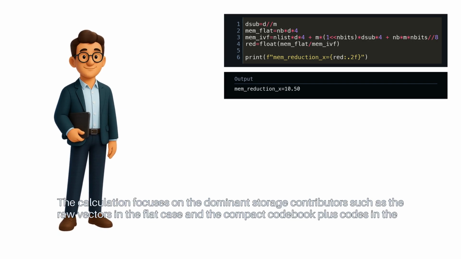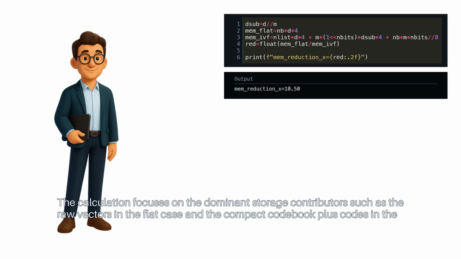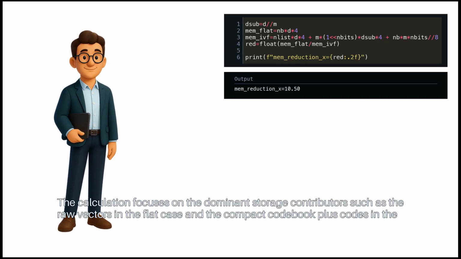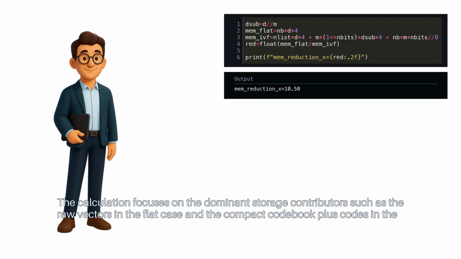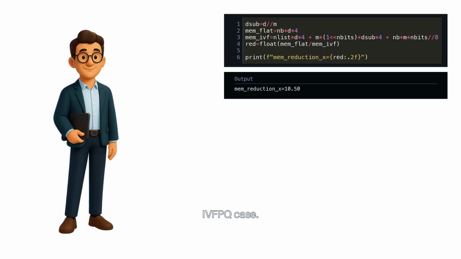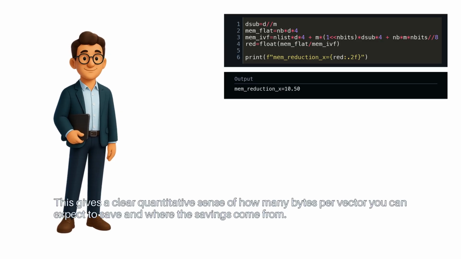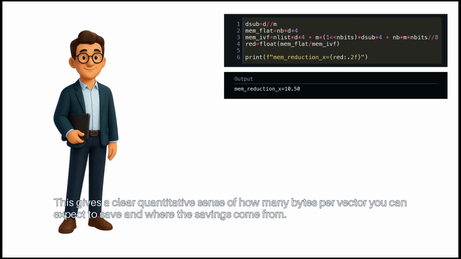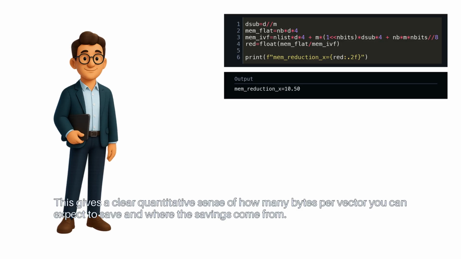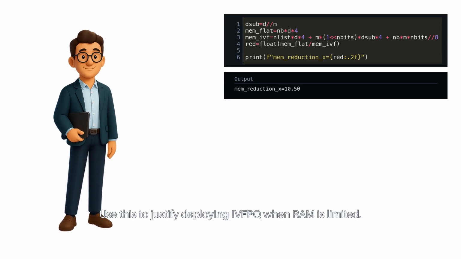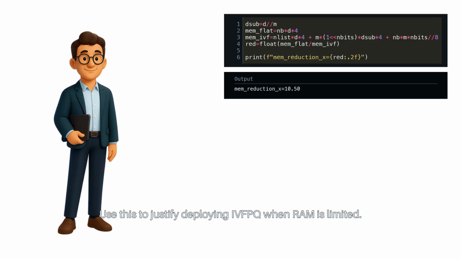The calculation focuses on the dominant storage contributors such as the raw vectors in the flat case and the compact codebook plus codes in the IVFPQ case. This gives a clear quantitative sense of how many bytes per vector you can expect to save, and where the savings come from. Use this to justify deploying IVFPQ when RAM is limited.